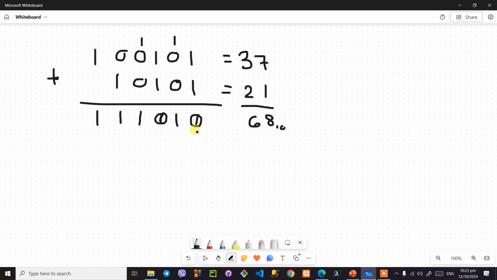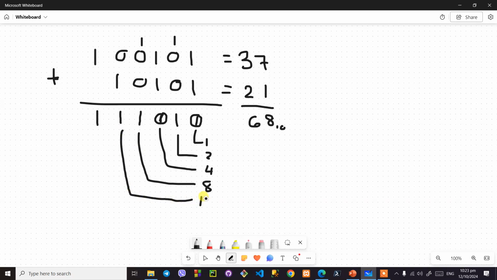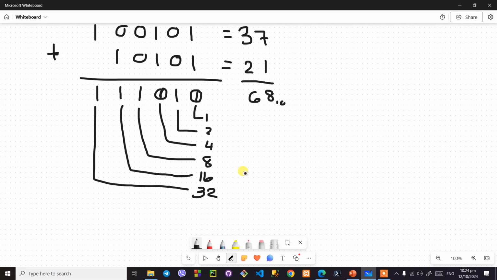So now, we start with 1 times 2, it will become 2, times 2 will become 4, times 2 will become 8, times 2 will become 16, and then times 2 will become 32. Okay, so that's the equation, the conversion that we have.